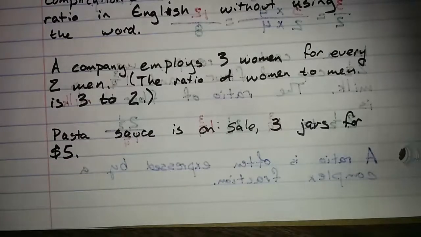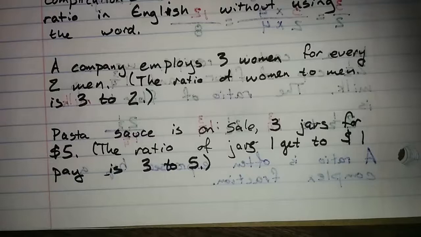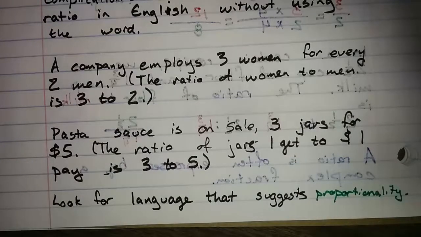That means that if I go to the store and buy pasta sauce, the ratio of jars I get to dollars I pay is 3 to 5. So in general, we should be on the lookout for any problem that suggests that if I multiply one quantity by a number, I must multiply the other quantity by the same number. In other words, I should look for language that suggests proportionality.